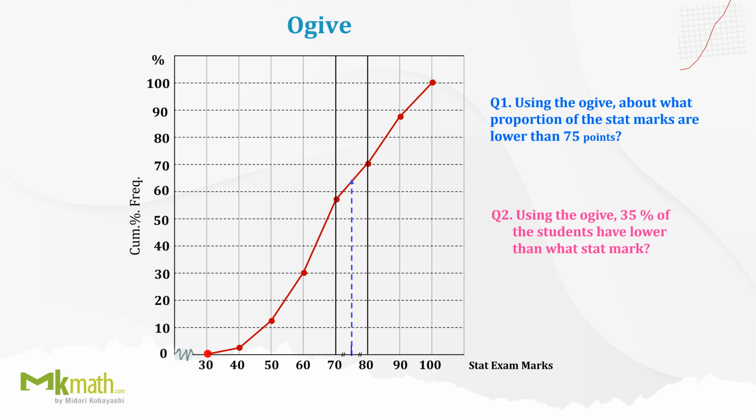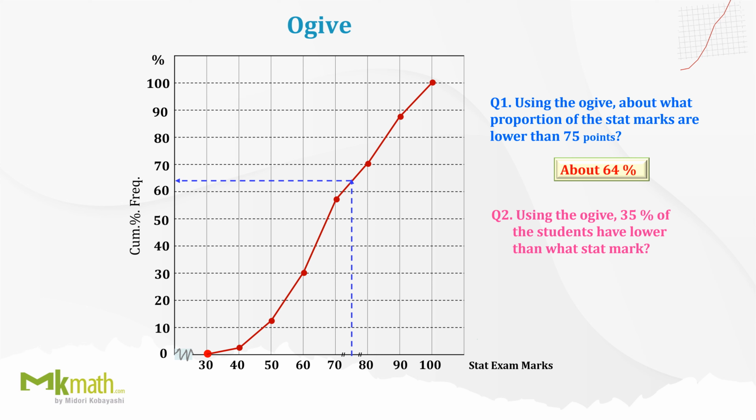Make sure this dashed line is not tilted in any way. It must be exactly halfway and not closer to either grid lines. Then draw the other dashed line straight to read the percentage. From this graph, it is approximately 64%.